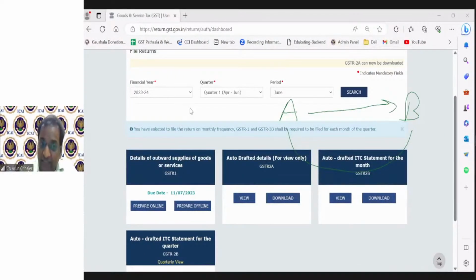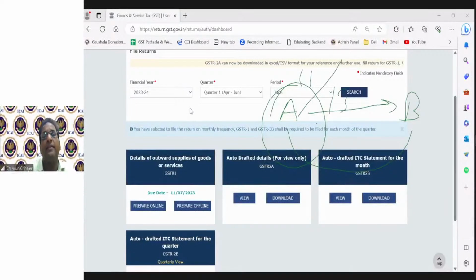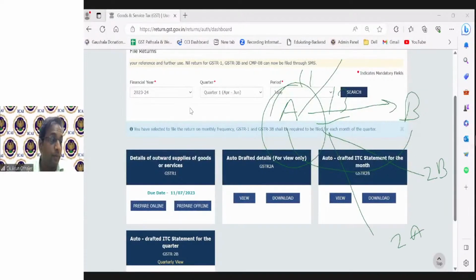As per the current condition, A has to furnish the GSTR1 by the due date, let's say it is 11th, or if it is QRMP, then 13th. Either 11 or 13, then only the transaction will appear in both GSTR2B as well as GSTR2A.